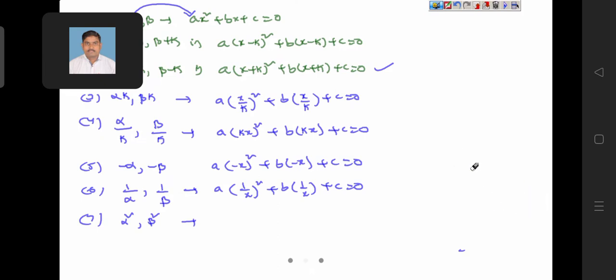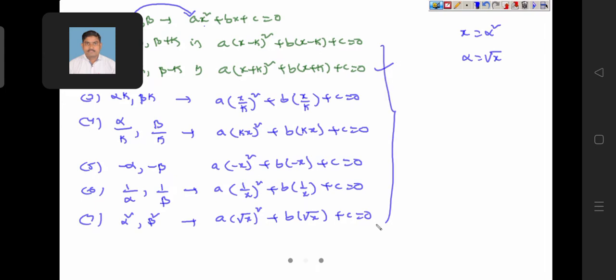So in place of x you will substitute root x. A into (root x) whole square plus b into root x plus c is equal to 0. So these are all the transformed equations according to these conditions with respect to the given quadratic equation.